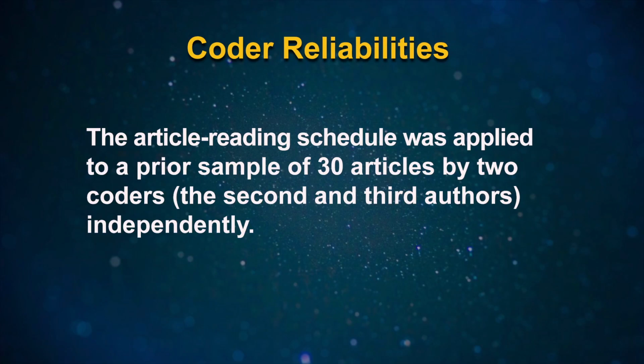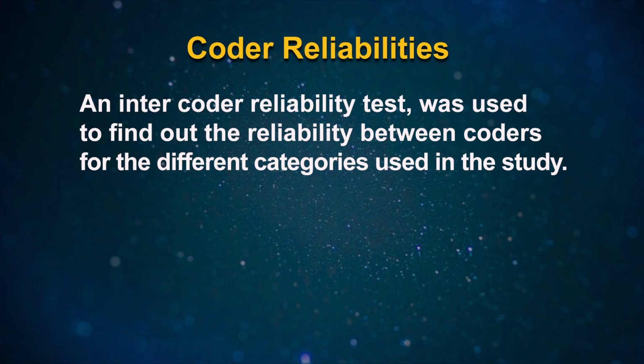the above categories. Firstly, the article reading schedule was applied to a prior sample of 30 articles by two coders, the second and the third authors, independently. An intercoder reliability test was used to find out the reliability between coders for the different categories used in the study.